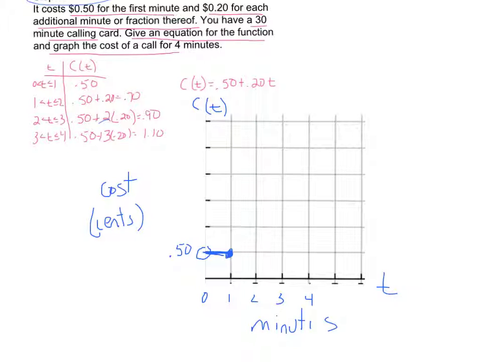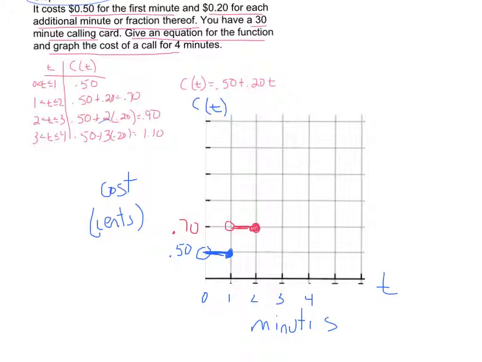But as soon as you talk past 1 minute, and you're at 1 minute and 1 second, or 1 minute and 2 seconds, you jump or you step up to what? You add 20 cents. So now you're at 70 cents. So you step up, open circle, because at 1 minute it still costs 50 cents, but anything past 1 minute, up to 2 minutes, it's 70 cents.